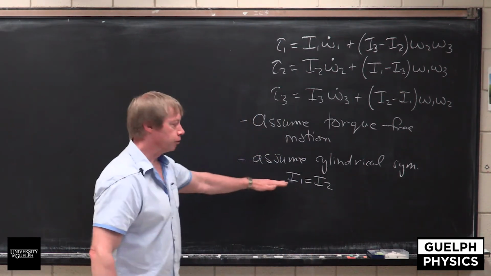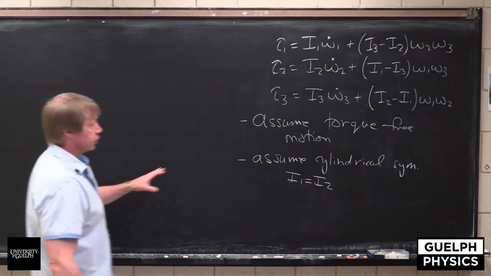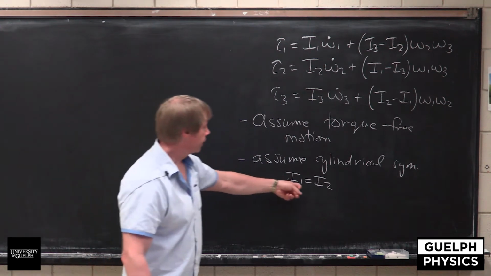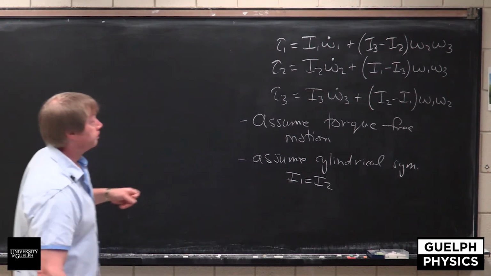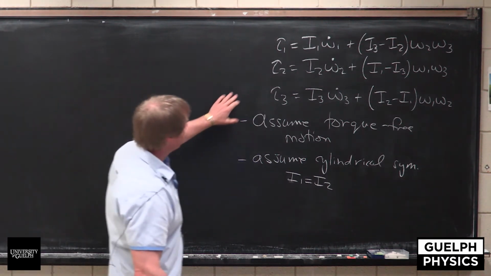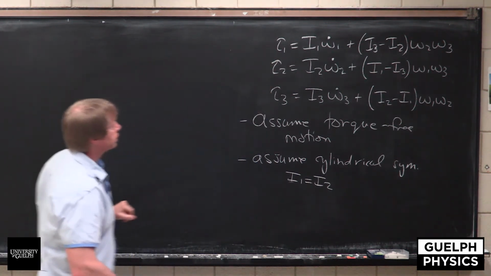So we'll just assume that I1 and I2 are equal. So this is what would apply to the frisbee or the American football. So we'll rewrite these equations under these assumptions.